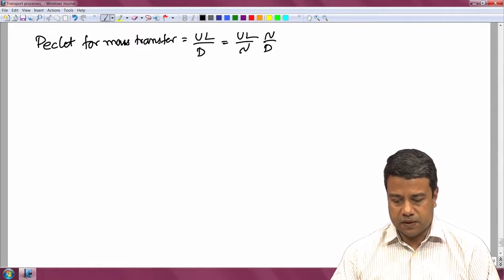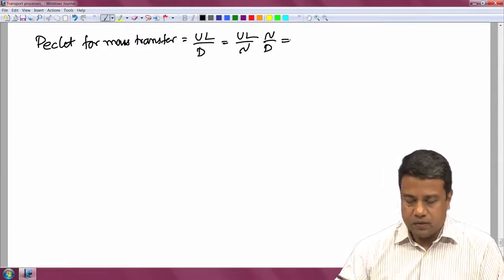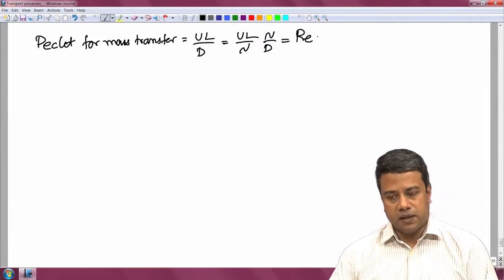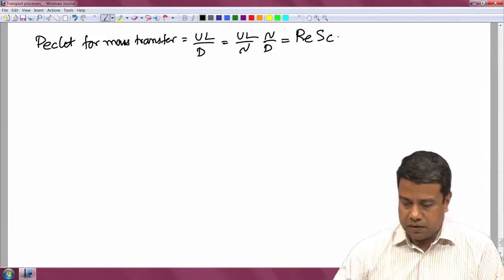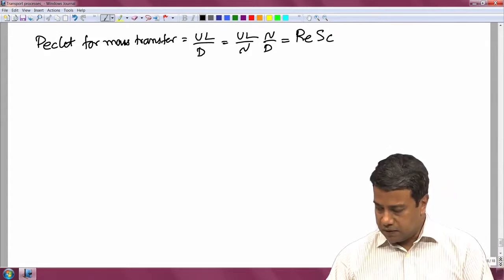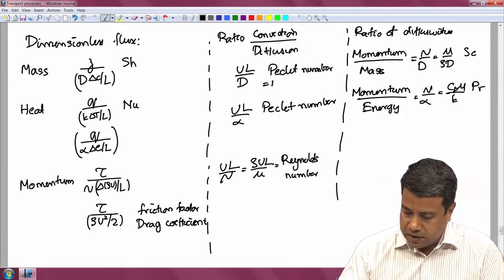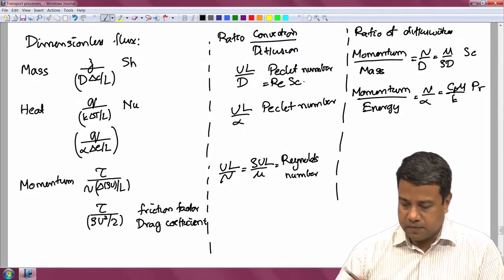This UL by nu is the Reynolds number and nu by D is the Schmidt number. Therefore, the Peclet number for mass transport is just equal to the Reynolds number times the Schmidt number.